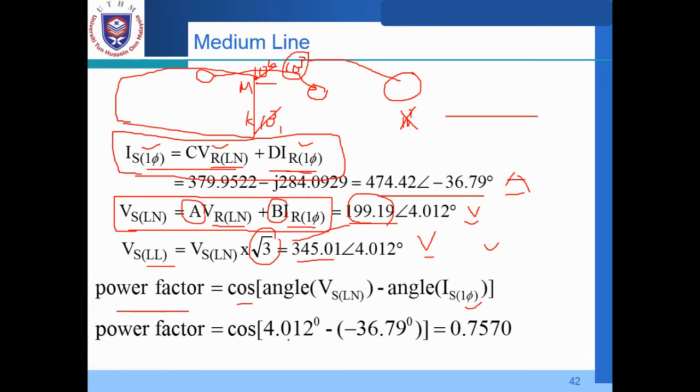In this analysis, we pick 4.012 degree for the Vs ln here, and for the sending current per phase 36.79 is over here. So 4 minus negative 36.75 gives you the value of the power factor, finally equal to 0.7570.